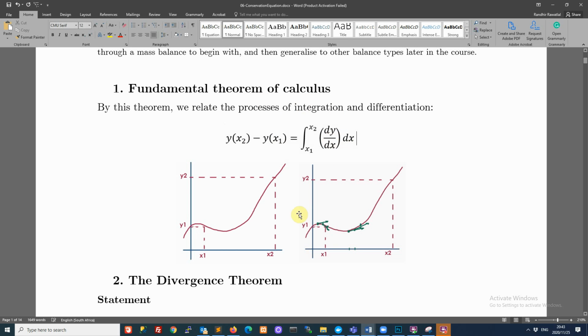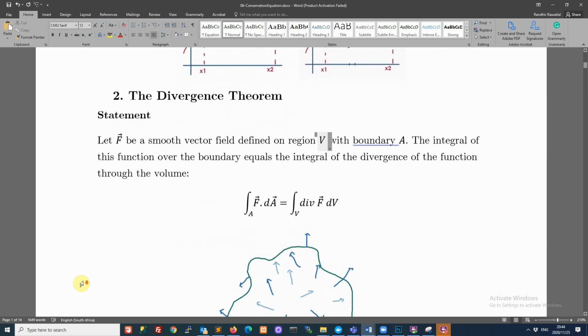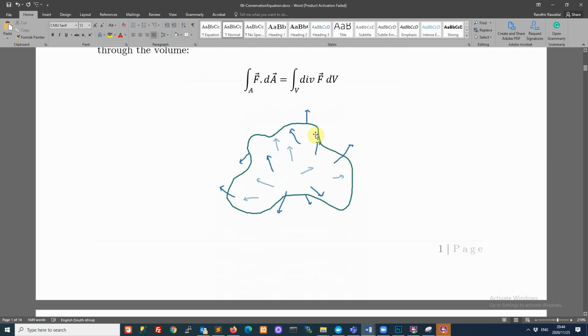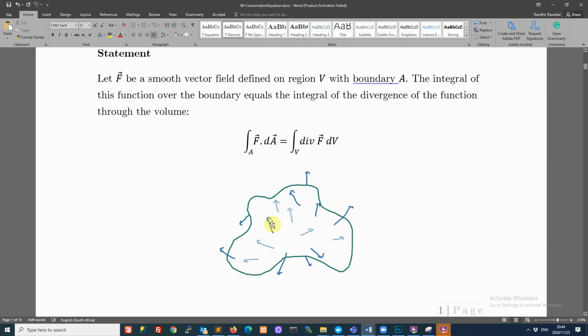And now we consider the divergence theorem. So the divergence theorem says that if we have a vector field f, and that's located in some region V with a boundary A. So imagine some three-dimensional blob, if you will, and that blob is represented by this volume V, and it has a surface A. And we are saying here that if we integrate this vector field all along the surface, right, so this vector field exists throughout the volume of this blob.